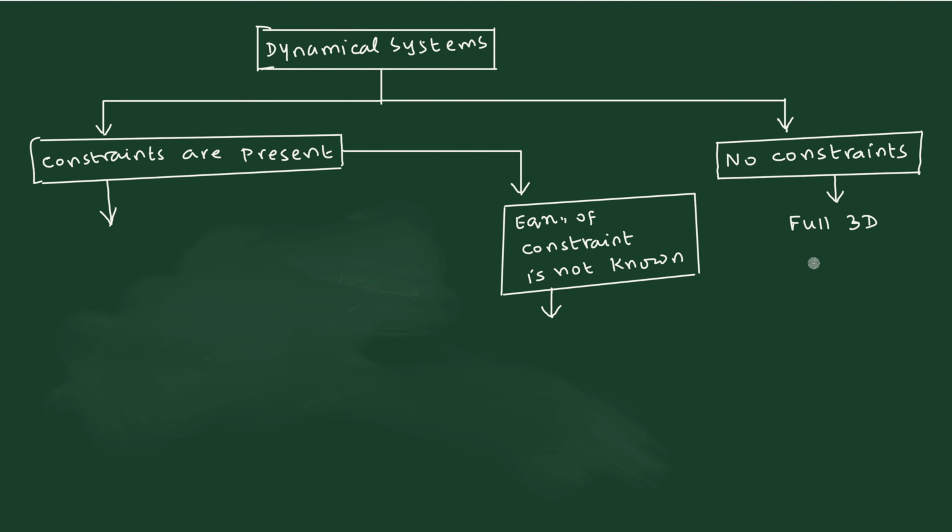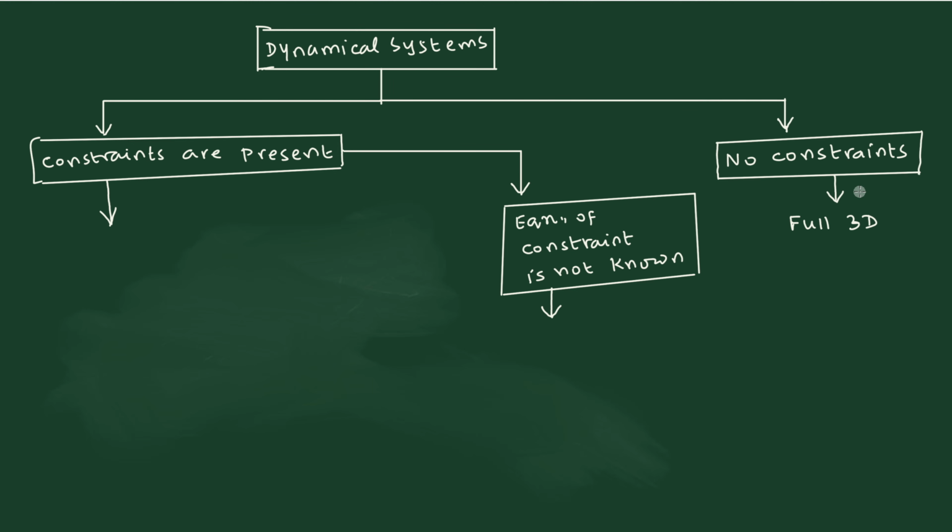So nothing is going to reduce, which means that the full 3-dimensionality will be there in the problem, and therefore the full complexity will be present in the system. So regarding constraint, you should remember what is happening. Constraint is going to help you to reduce the number of dimensions, which means reducing the number of degrees of freedom, which means reducing the number of Newton's equations to be solved. Therefore, constraint is going to help you to simplify the problem to a great extent.